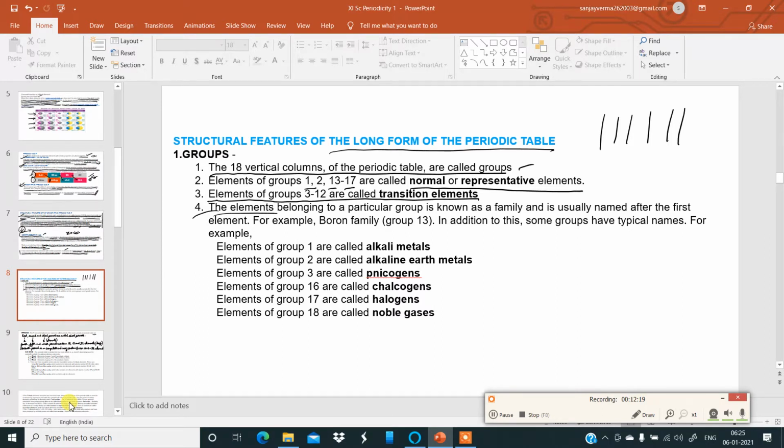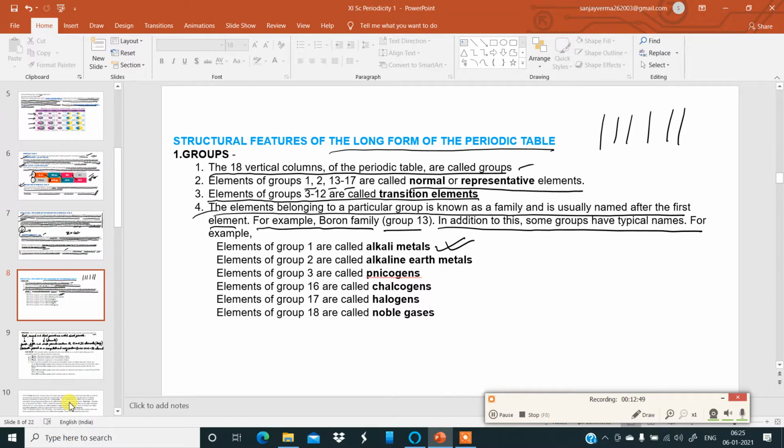Number 4: the elements belonging to a particular group are known as a family and are usually named after the first element. For example, the boron family, group 13. In addition to this, some groups have typical names. Group 1 elements are called alkali metals because when these elements react with water, they form strong alkali solutions.